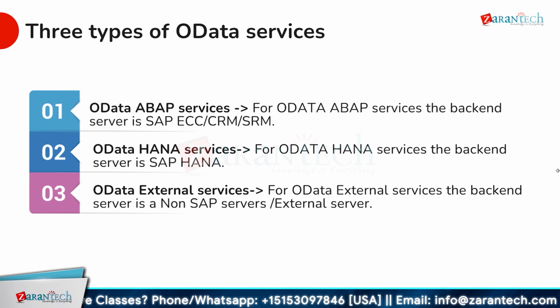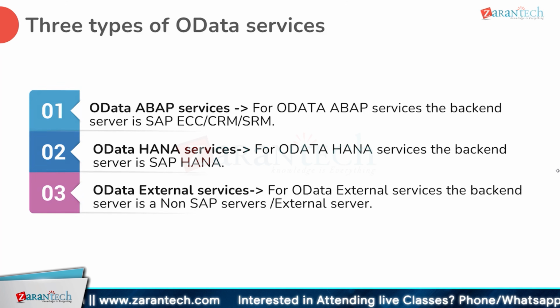These are the speed demons leveraging the power of SAP HANA. If your use case demands lightning fast data access, this is your go-to option. Third, OData external services. These are your bridges to the outside world, connecting SAP with non-SAP systems. They are like universal translators, enabling seamless communication across different platforms.